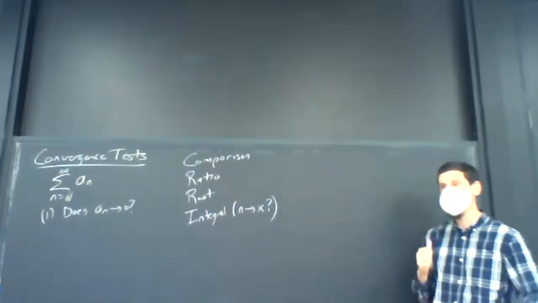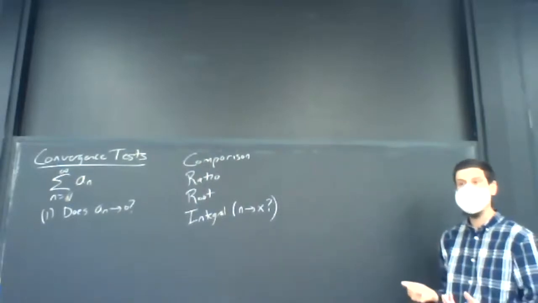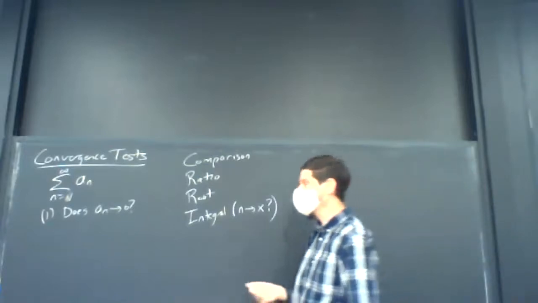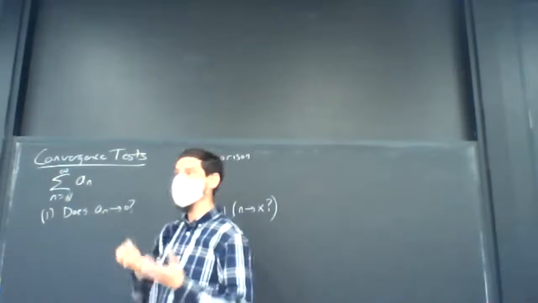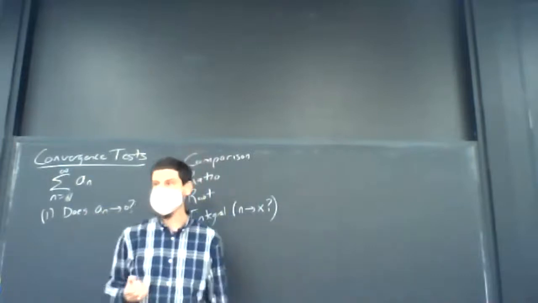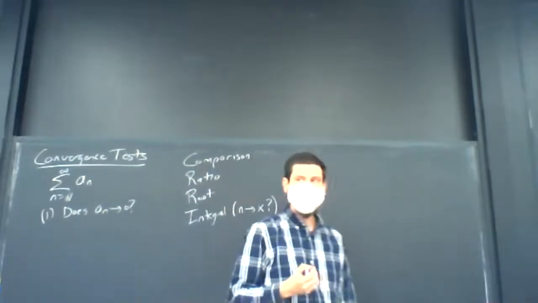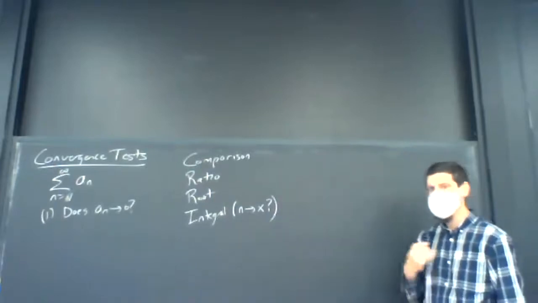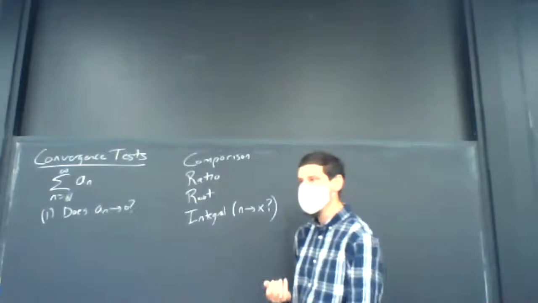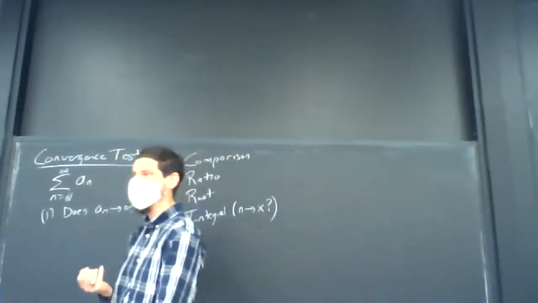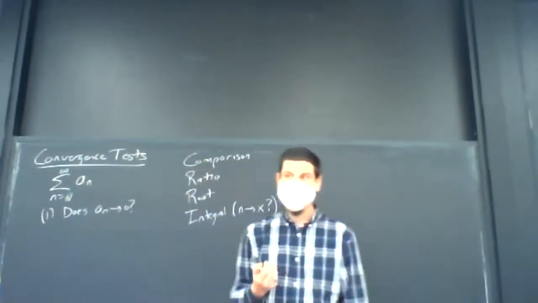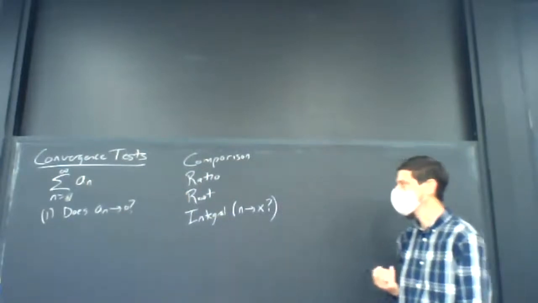If I can show that from some point onward, I'm always less in absolute value than something that converges, I converge. Or if I can show from some point onward, I'm always greater than something that diverges, I diverge. The problem is you have to know what to compare to. This is one of the situations where the more problems you do, the more familiar you are, the more examples you have, the more things you can compare. So the best way is to just do lots and lots of problems.